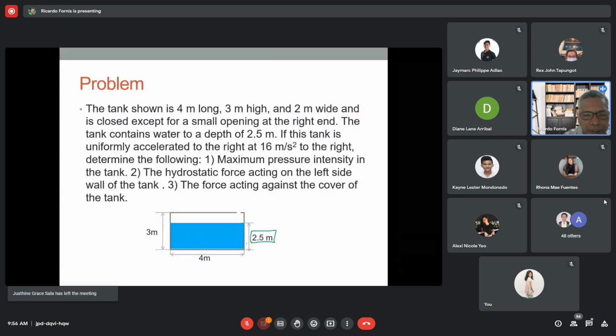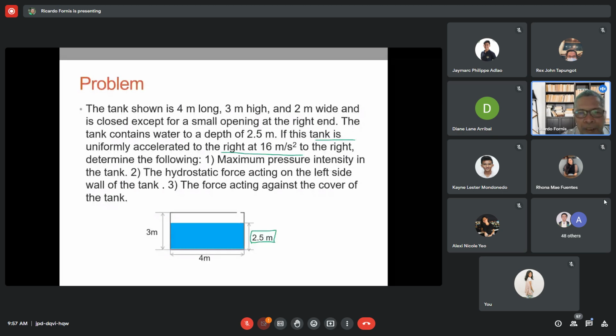So the depth of the water is only 2.5 meters. This tank is uniformly accelerated to the right. That means the acceleration is constant at 16 meters per second squared.